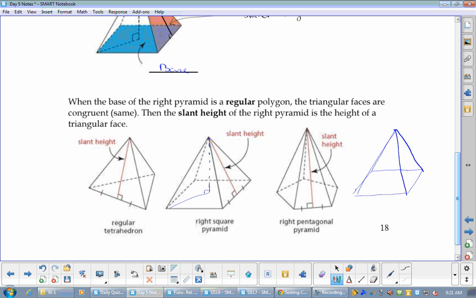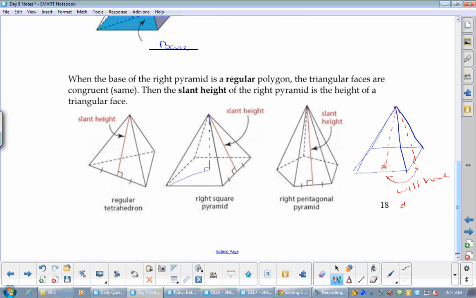Now, because it is a rectangular base, this slant height is different than this slant height, okay? So just put in, we will have different slant heights for a rectangular pyramid.